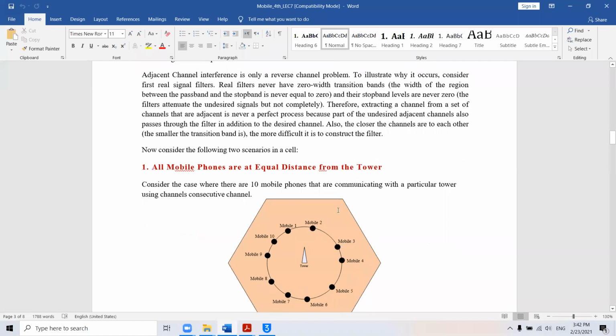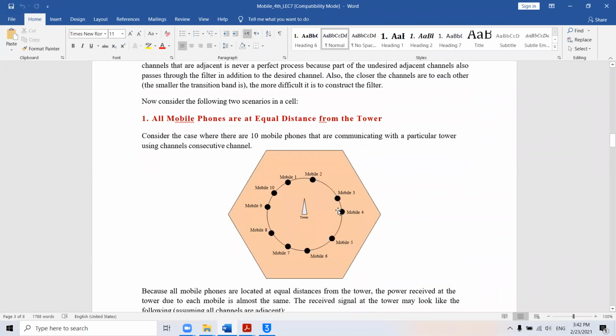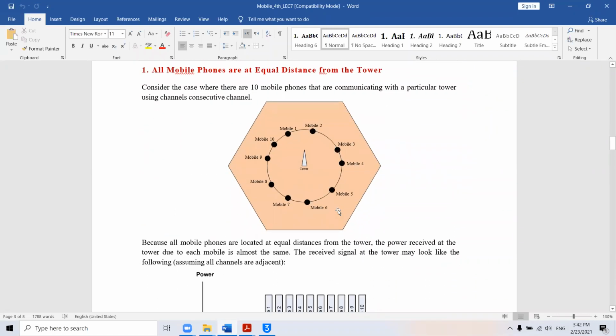Now we have two scenarios in a cell. I'm going to talk about the first scenario, then we'll take a rest and talk about the second scenario. Look, this is the tower. Now we are talking about the signals received by the tower.